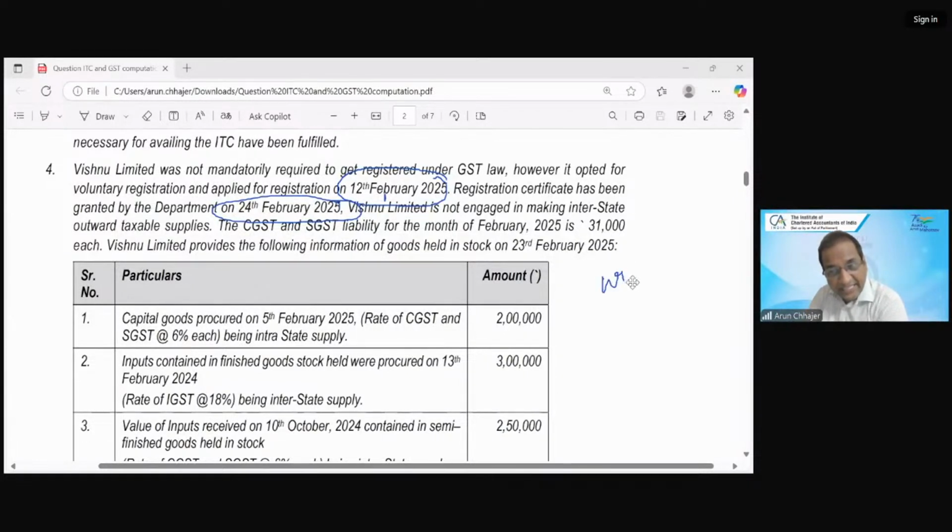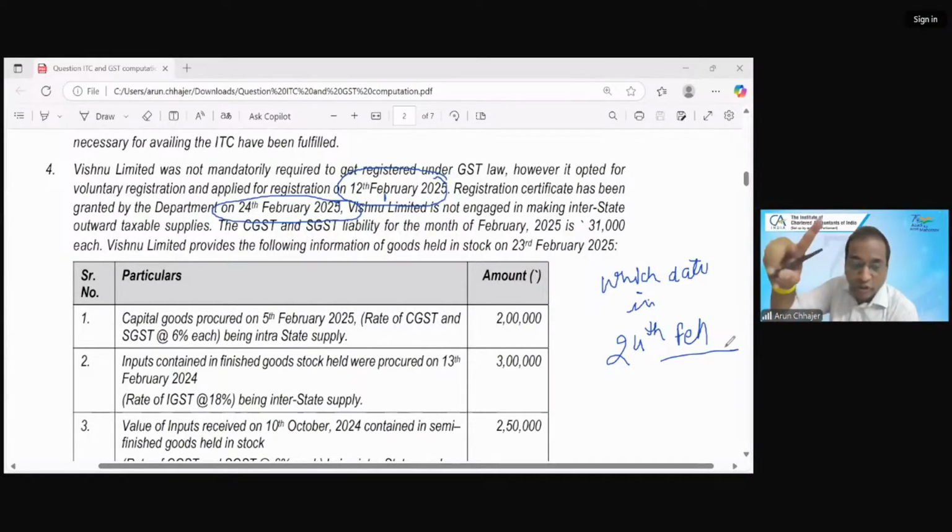Which date is relevant for taking the ITC? कौन सा date relevant है? You all are saying 24th Feb. Now my counter question, all are correct. When would 12th Feb be okay?